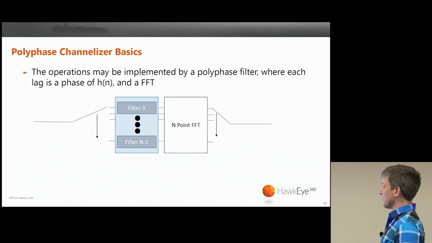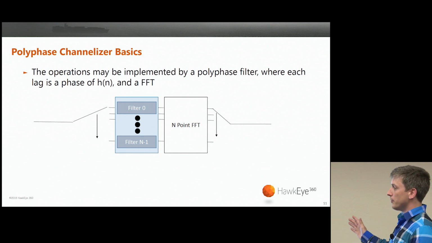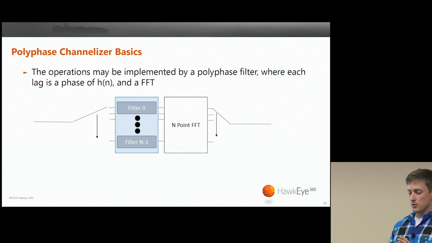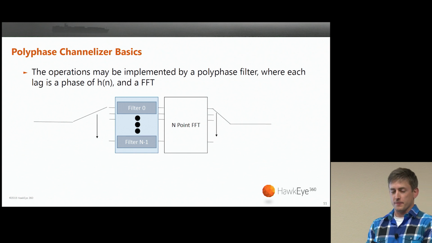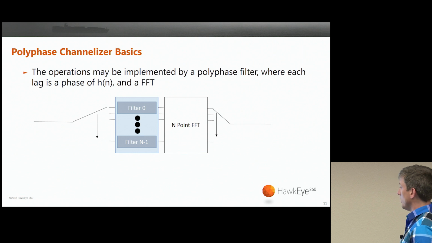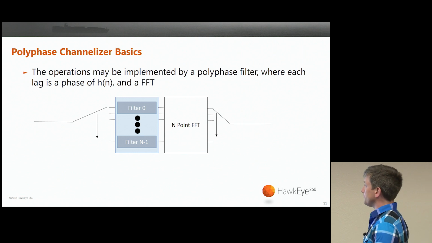So you use your different offset taps. And the output of those filters gets processed into an FFT. And then on the output of that are your different channels interleaved, such that the first channel comes out on the first sample, the second channel comes out on the second sample, and the third channel, and so on. Okay, and then there's the filters again.